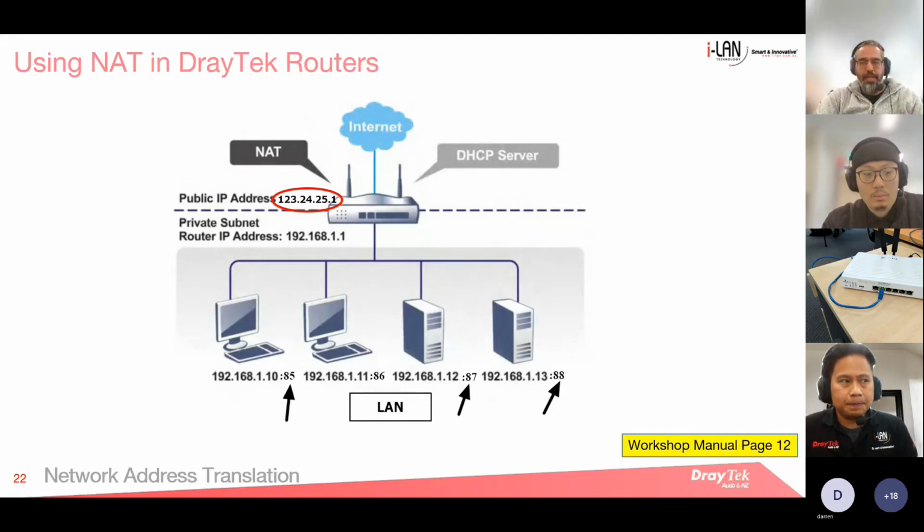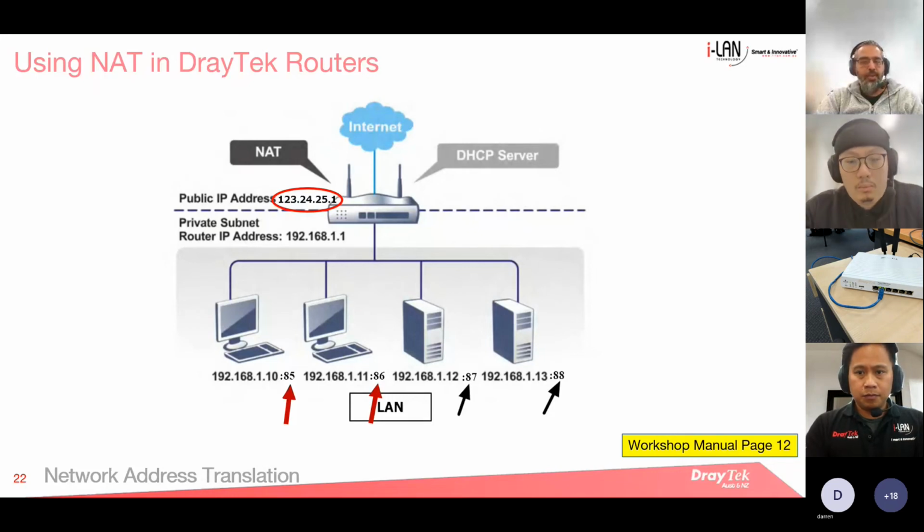So down the bottom there, we've decided that we want any external packets going to our public IP address on port 85 to be directed to the PC with the private LAN IP 192.168.1.10. Packets on port 86, we want to go to 192.168.1.11. Packets on port 87 to go to 1.12.